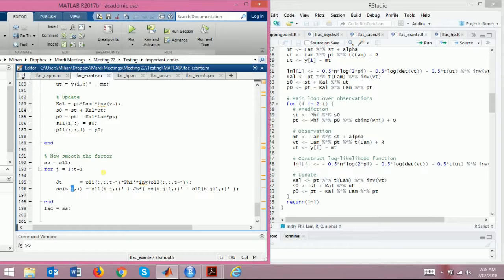So T minus J is S1 for all elements equals S11, which is coming from here, the S11 initialization, plus J multiplied by S2 for all elements, T minus J plus 1 for all elements, minus S2 1, T minus J plus 1 1. So you might be thinking, in place of 1 we have all elements, because we are talking about a vector, not a univariate model.